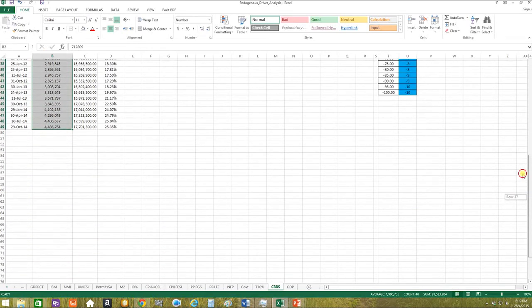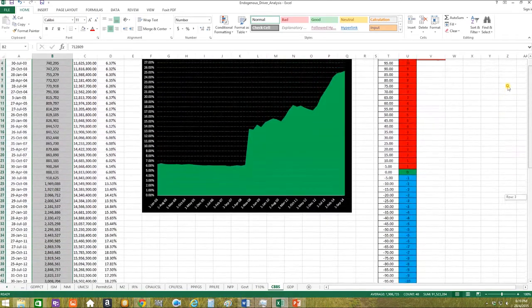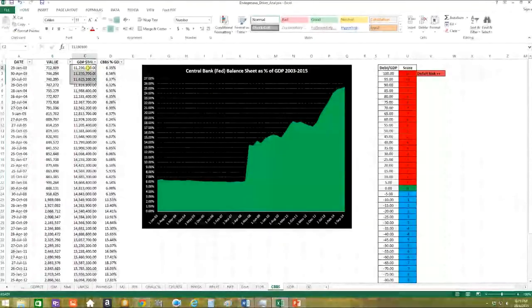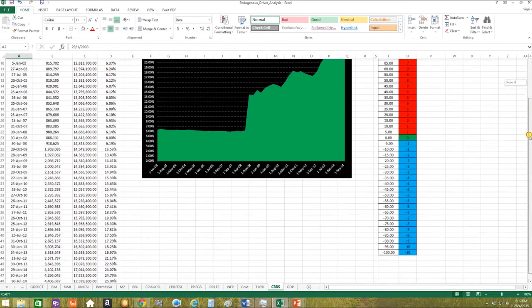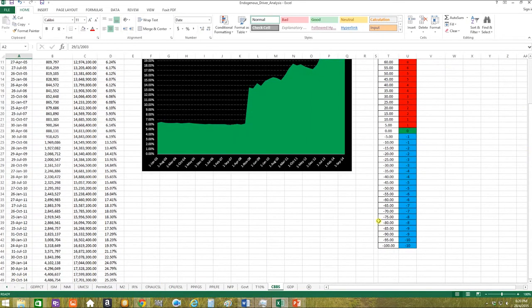And this number is released quarterly. And then we have our GDP data in trillions of dollars here, and we just work this out as a percentage of GDP. So we're going back to 2003 here, all the way up to present day.